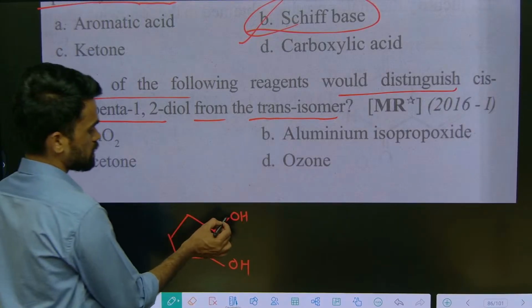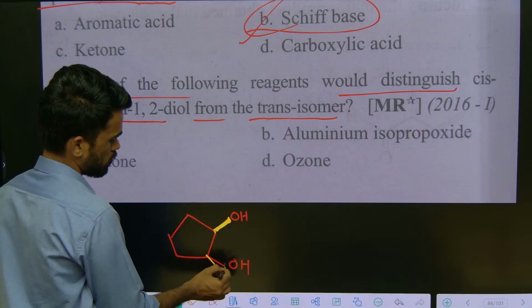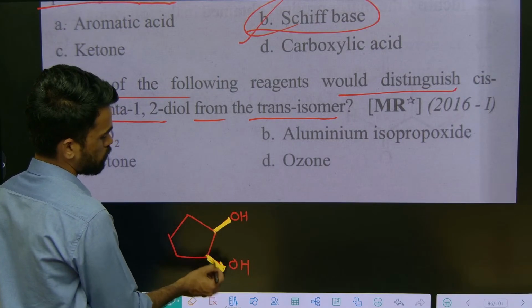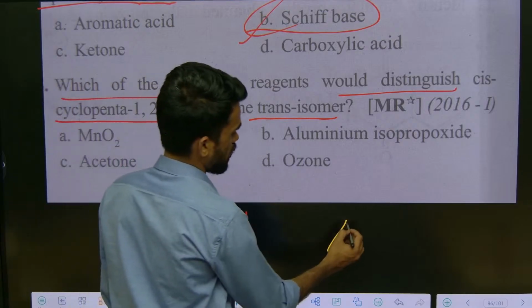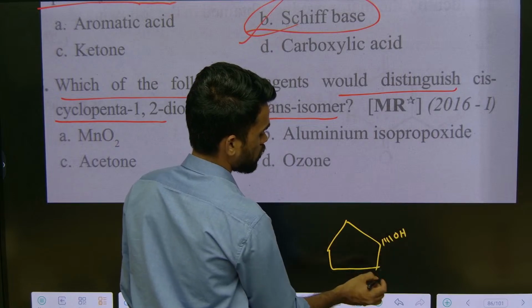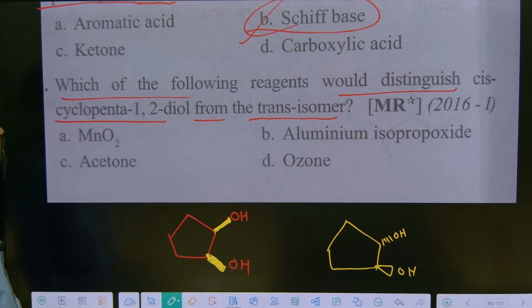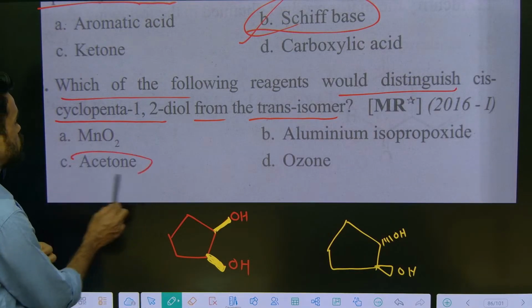So this is the cis isomer, which means both OH groups are in the same plane, and another one is the trans isomer, with one OH group below the plane and the other OH group above the plane. It is very easy. The best suitable reagent here is acetone. Why acetone? I will tell you.